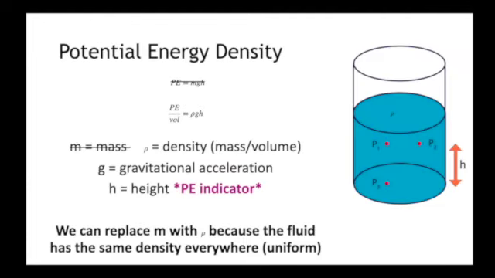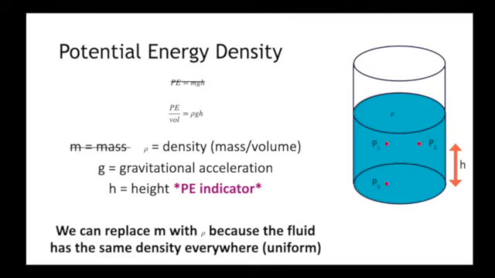So let's talk about our energy density terms that change as we travel throughout a fluid circuit. First we have potential energy density, very similar to what we saw in 7A and what we see a lot throughout the quarter, but it's just gravitational potential energy. The higher up you are, the higher you can fall.